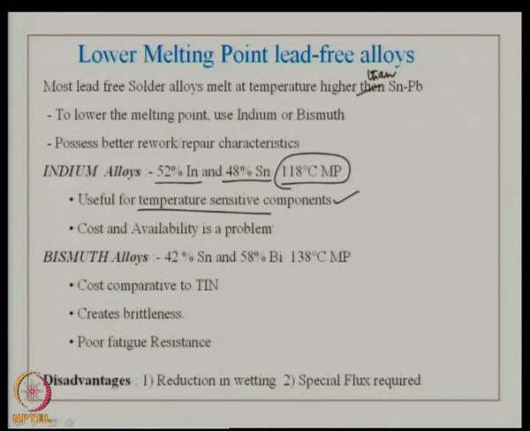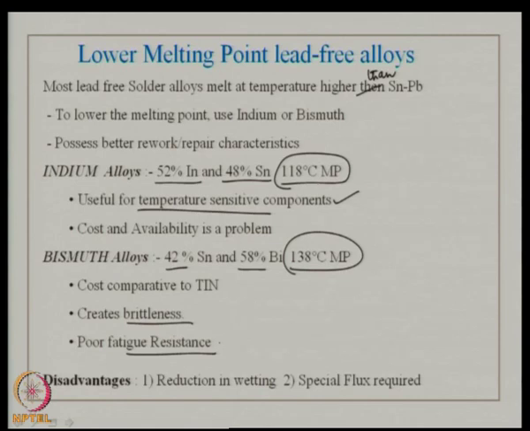Bismuth alloys, you can see the melting point is 138, quite low. The percentage of tin is 42 and bismuth is 58. Cost is comparable to tin, but it creates brittleness and poor fatigue resistance. The disadvantages are reduction in wetting property and a special flux is required.